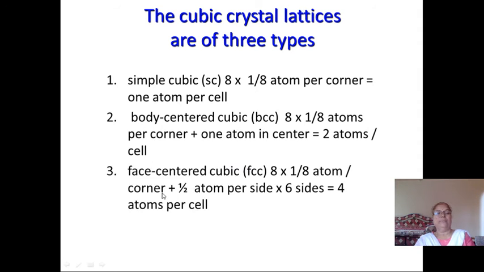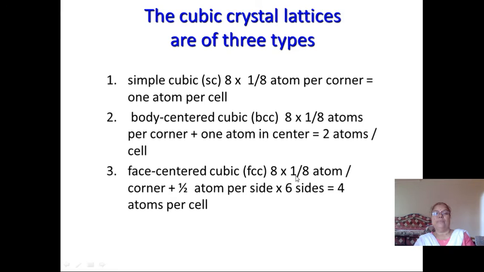Then in case of FCC, 8 points at 8 corners, therefore 8 into 1/8 atom per corner plus 1/2 atom per side, that means 1/2 atom per side into 6, and it is equal to 4. So 4 atoms per unit cell. Remember, in case of FCC there are total 4 atoms per cell.